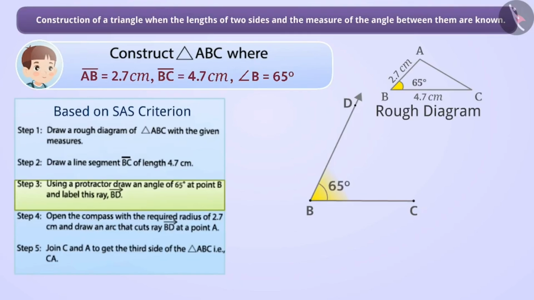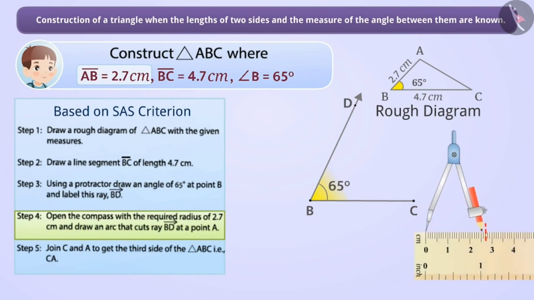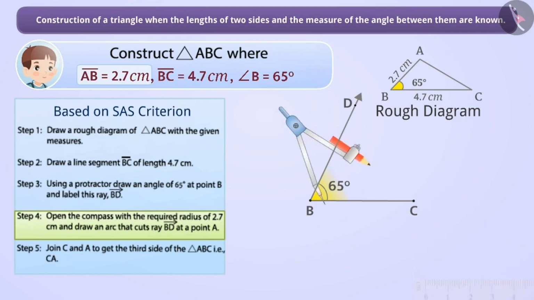The point A must be somewhere on this ray of the angle and we have to determine the exact location of point A on ray BD. Step 4. The length of AB has been given as 2.7 cm. Thus, point A is at a distance of 2.7 cm from point B. With B as the center, draw an arc on ray BD of radius 2.7 cm.